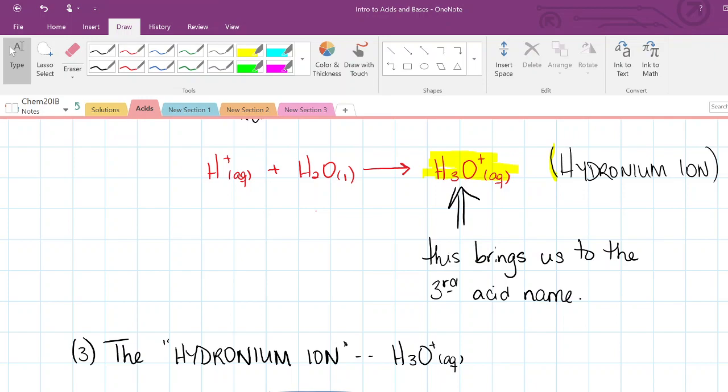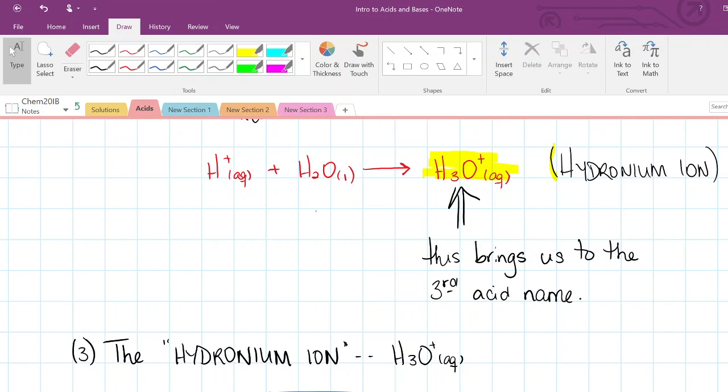Because what he realized was that the water wasn't just a passive participant that just dissolved or dissociated or ionized. The water was actually actively engaged in the solution, and there were reactions taking place with the water. This one being the first one in order to create hydronium.